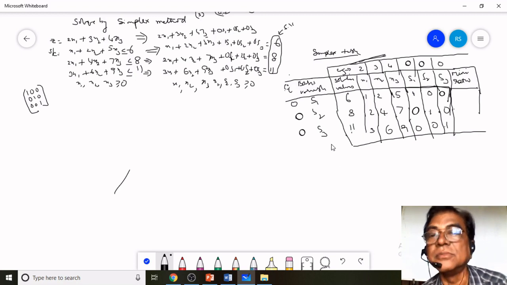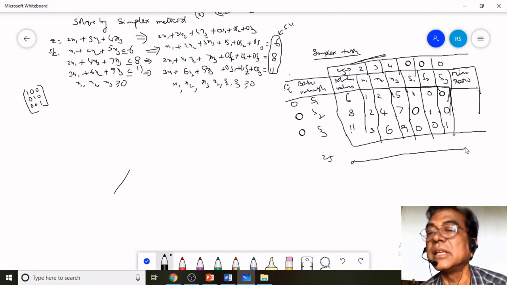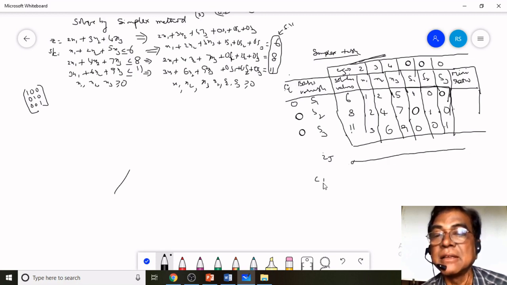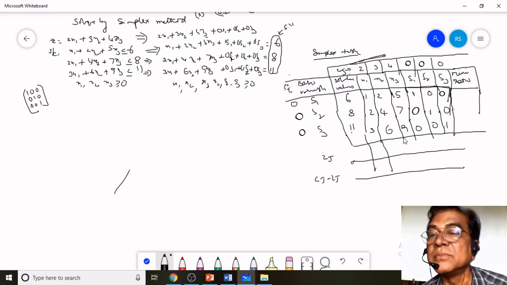This is called the next row. I will explain how to calculate ZJ values. Next, CJ minus ZJ, another row like this. Now I will explain how to calculate the ZJ values and CJ values, etc. Okay, so these are the points.